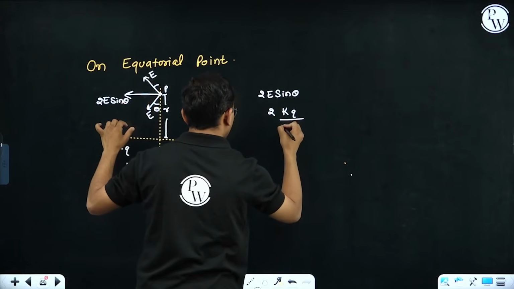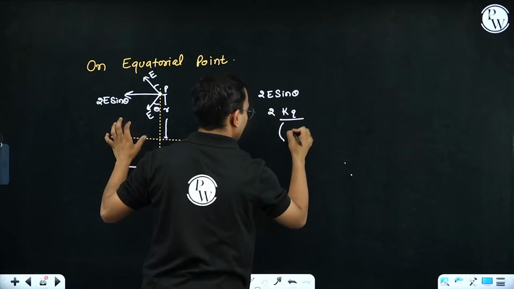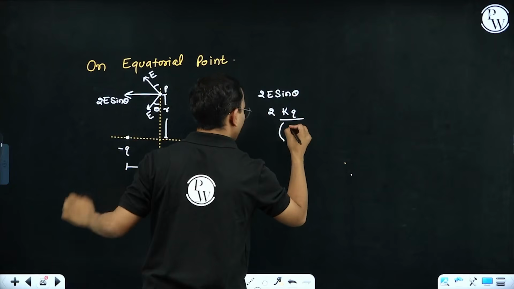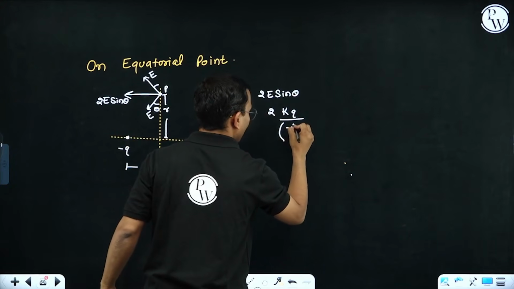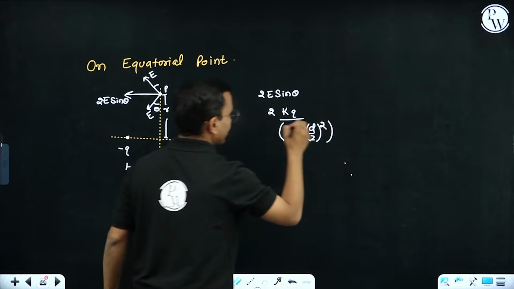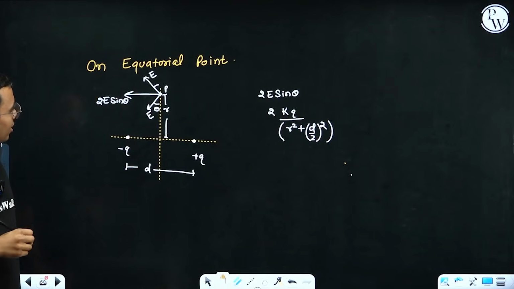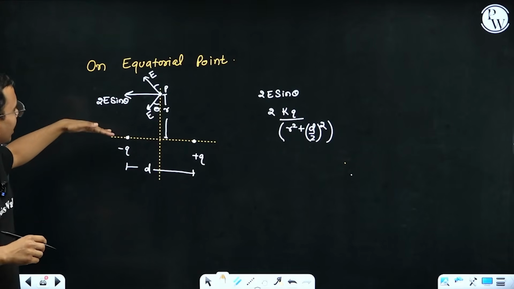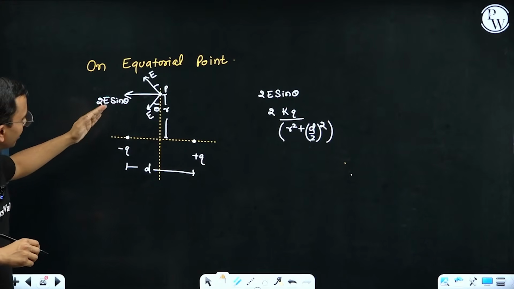When I do the square, the root will be removed, so it will become r square plus d by 2 square, like this. Got it? Okay, into sine theta. What is sine theta here?